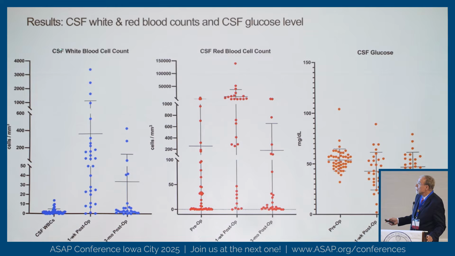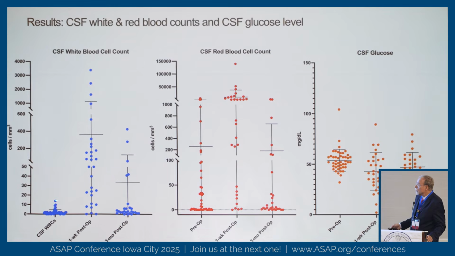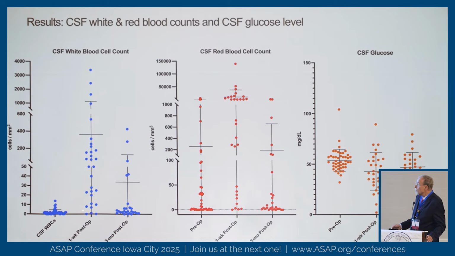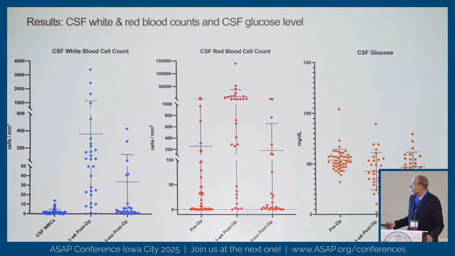And the white blood count before surgery, in most people, was very low, but a few people had some active inflammation going on. But 1 week after surgery, most people had some degree of inflammation with white cells. Some people had clear spinal fluid or very few cells, but some people had a fair number of cells because we have to open the arachnoid and some blood gets in during surgery. We try to prevent it.